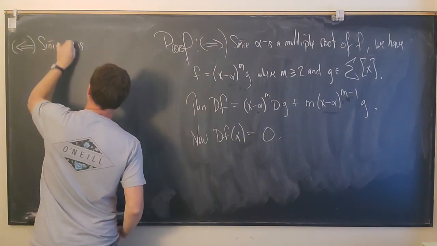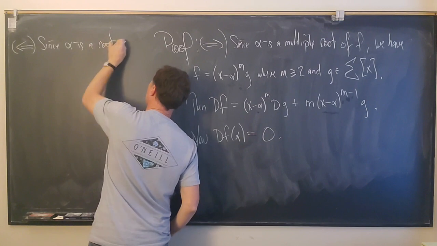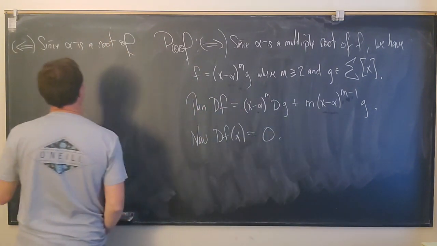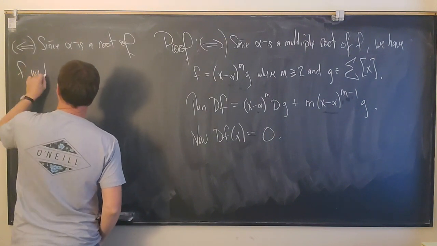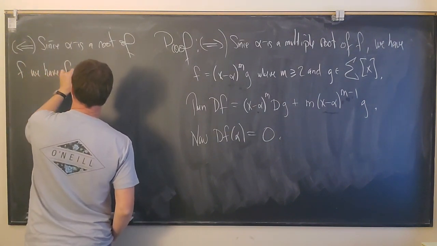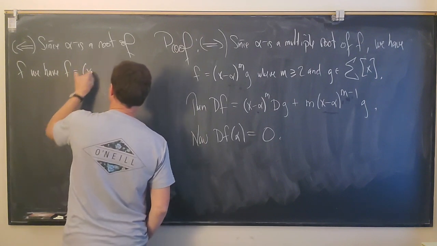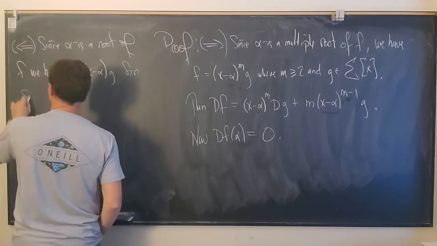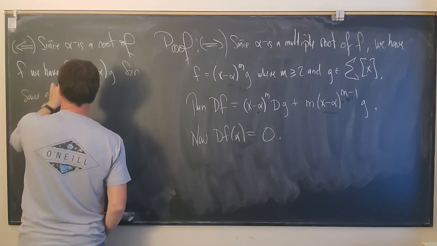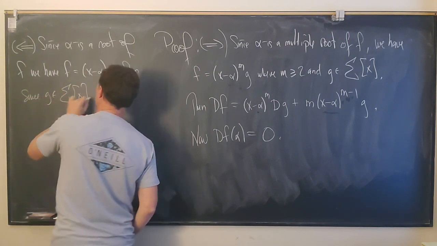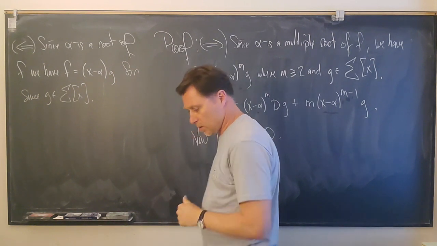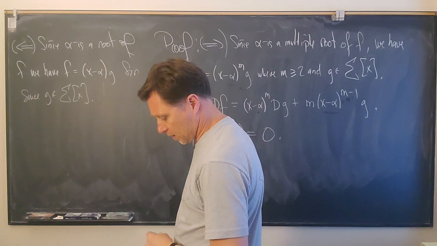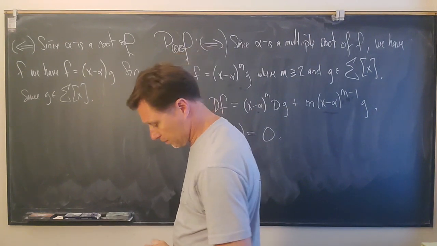Since alpha is a root of f, we have that f equals (x minus alpha) times g for some g in sigma[x]. Now I'm going to take the derivative.